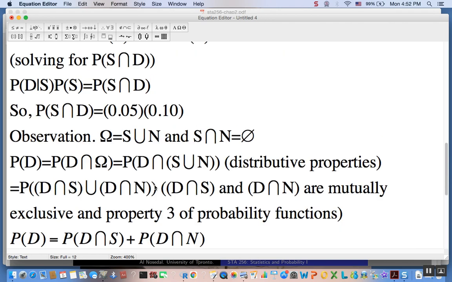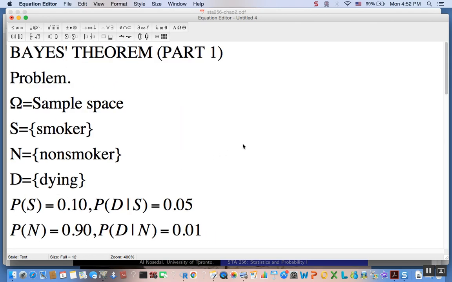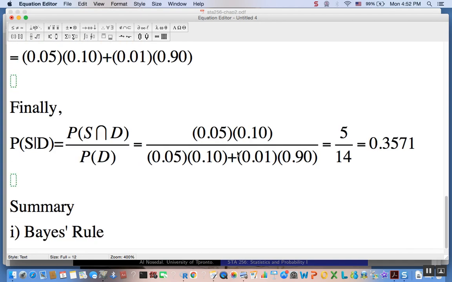Note that what we had initially as part of the information was the probability of D given S, but the one that we wanted was the probability of S given D. So we wanted those two events to switch places. Some people say we wanted to reverse that probability.